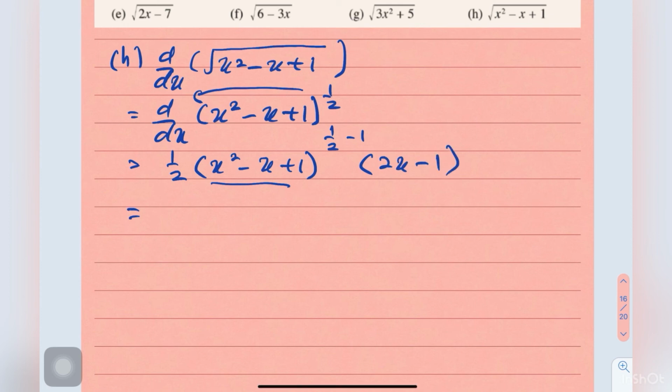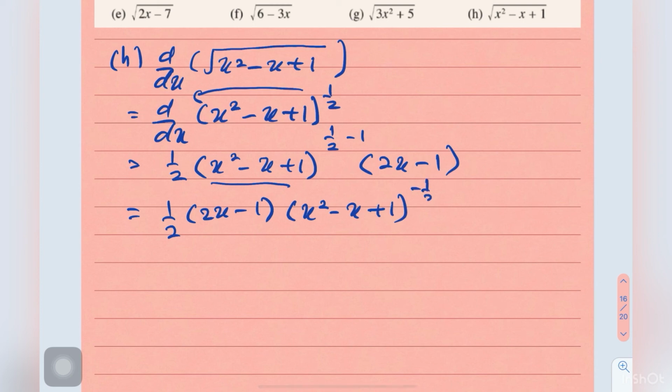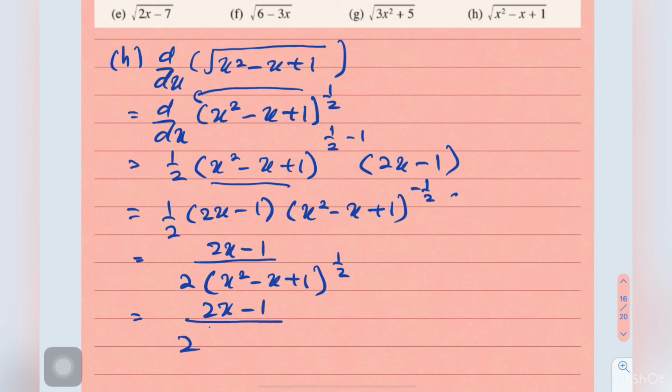So here we have 1 over 2, (2x minus 1), (x squared minus x plus 1) to the power of negative 1 over 2, or (2x minus 1) over 2 times (x squared minus x plus 1) to the power of half, or (2x minus 1) over 2 square root of x squared minus x plus 1.